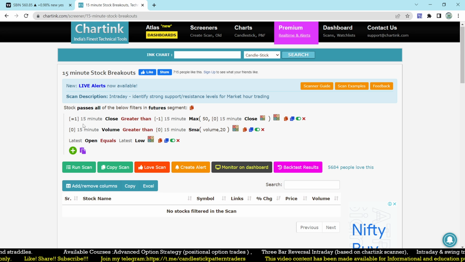How to find the breakout stocks with the help of the Chartink scanner. It may not repaint. The scanner will be free. You can copy it and make changes as per your requirement. I found this on Chartink, which is free, and I am giving it to you. You may use that scanner to help you make intraday trade decisions.